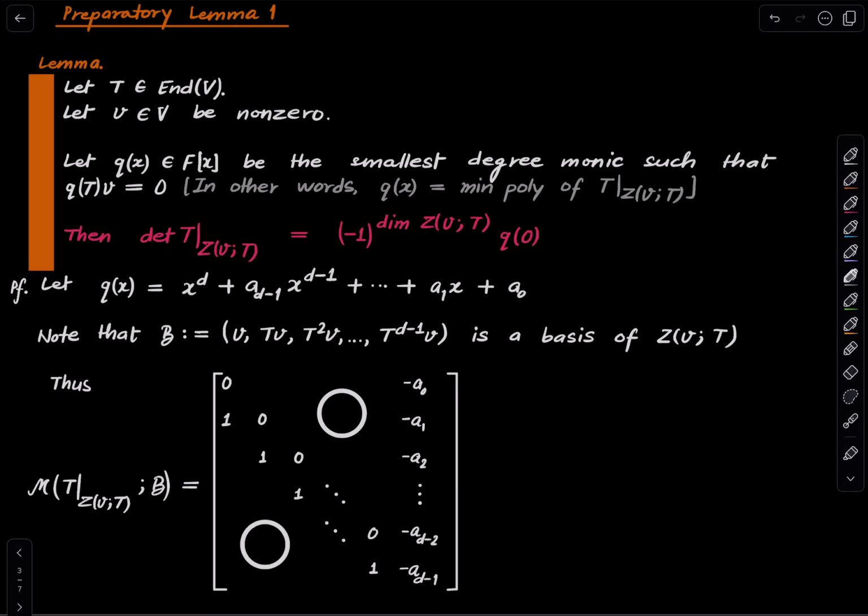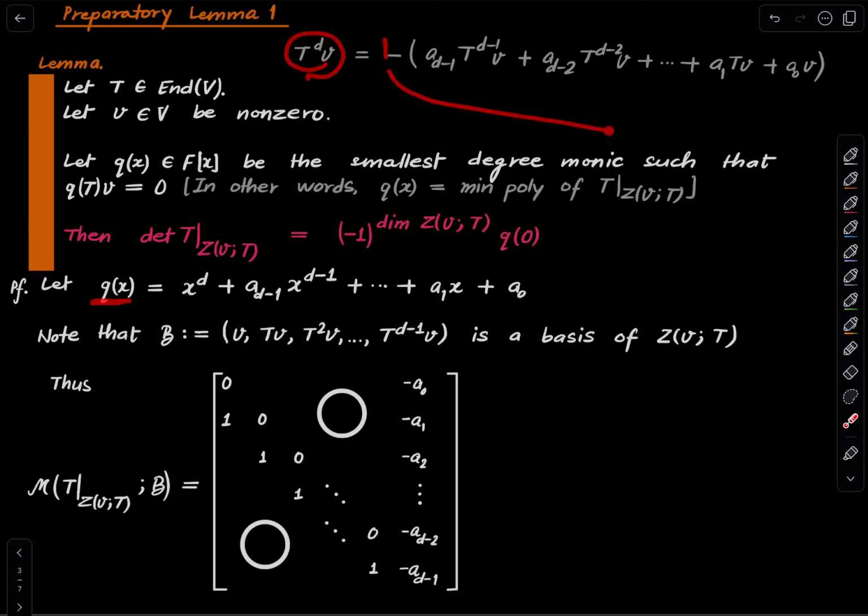Yeah, so we have T to the d v is equal to minus, let me not use the summation symbol, this thing, that's what it is, right? Simply because Qt of v is 0, so we get that T to the d of v is all of that thing. But this minus is better we put it inside.